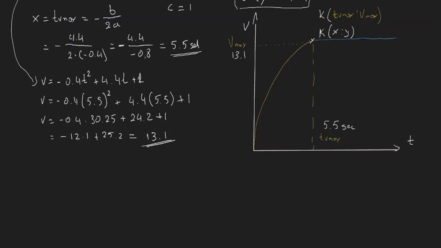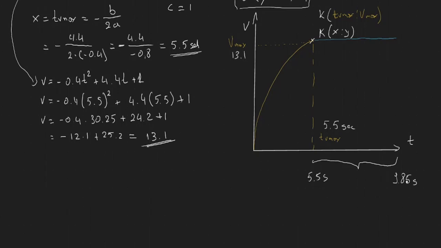Now we are asked to find the distance that Usain Bolt ran at constant speed. So we are asked to find the distance that Usain Bolt ran during this time from 5.5 seconds until the end of the race, that lasted 9.85 seconds.